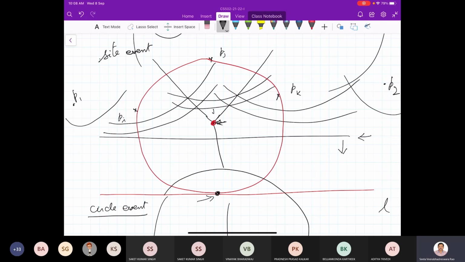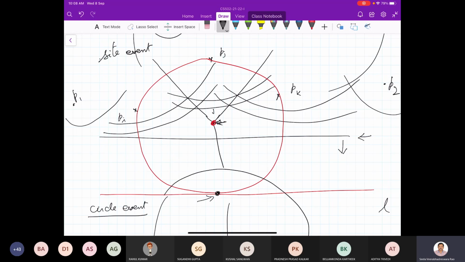What happens is, when there are three consecutive parabolas in the sweep line status and the sweep line moves downwards, the middle parabola becomes smaller and smaller, and finally it becomes a point, and later it goes out of the beach line, the sweep line status. That is called a circle event.